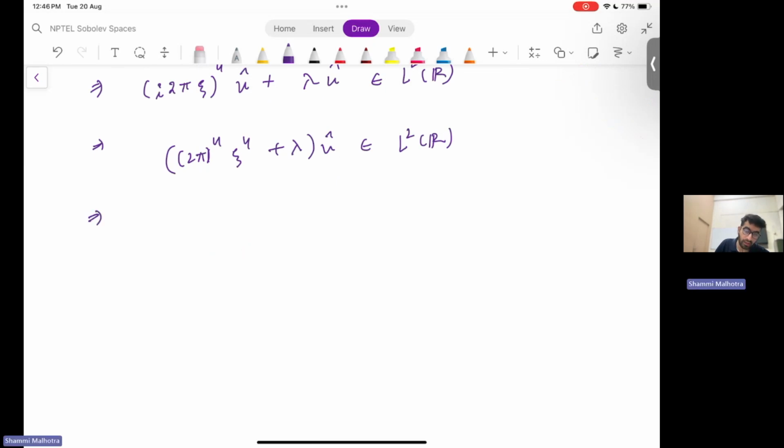And this further implies that you can take lambda out: lambda times ((2 pi)^4 xi^4 / lambda plus 1) times u hat in L2(R).